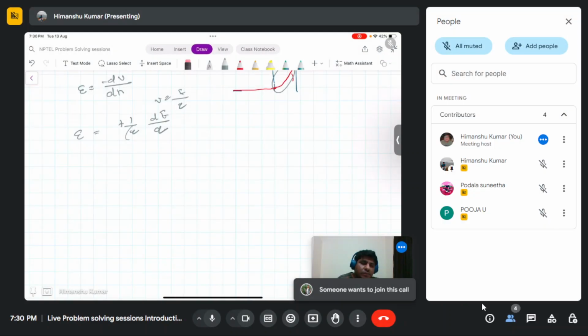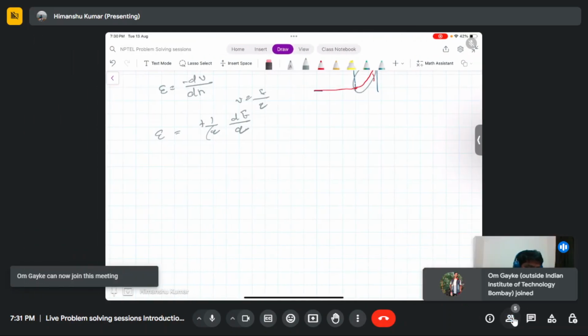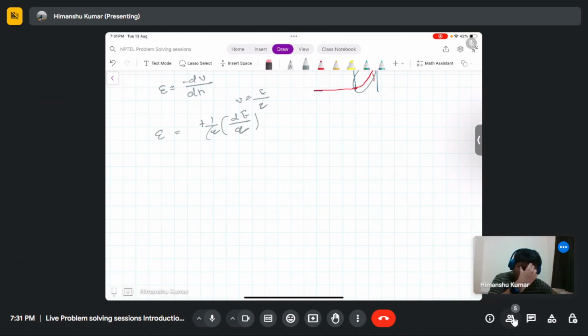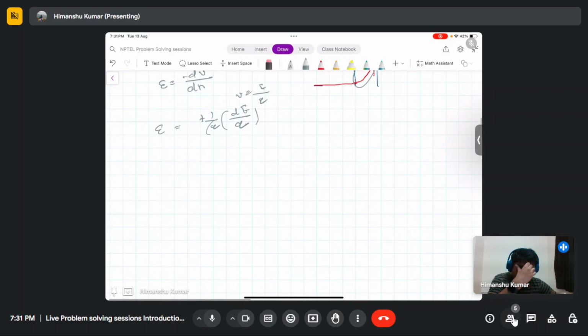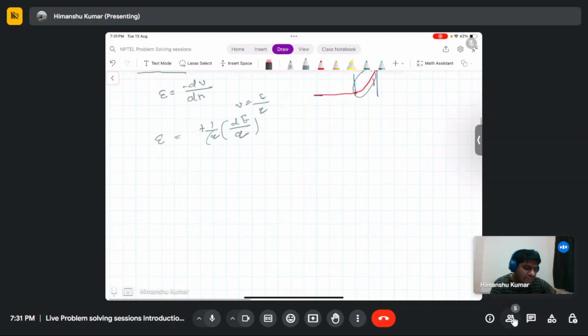So then like this you will see, basically to get the electric field, you need to multiply by 1 by q, and then calculate dE by dx.